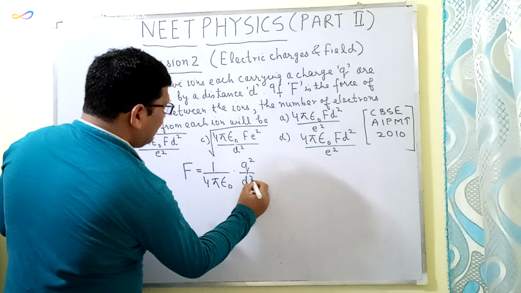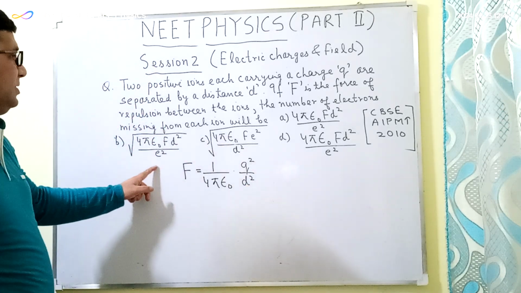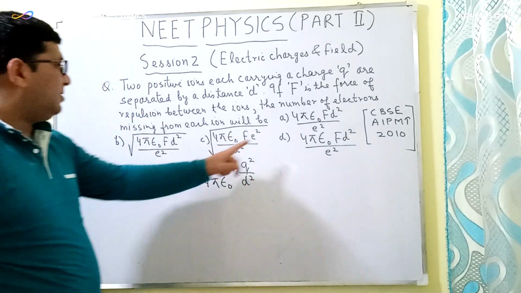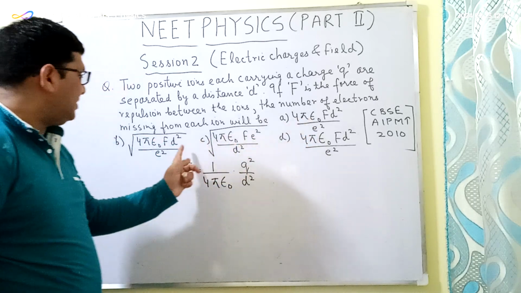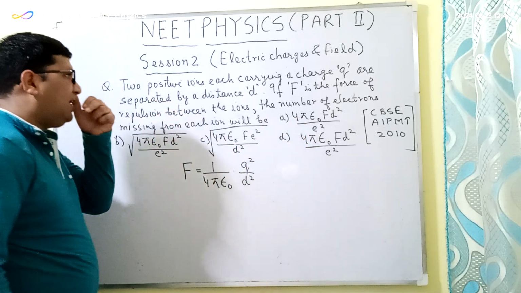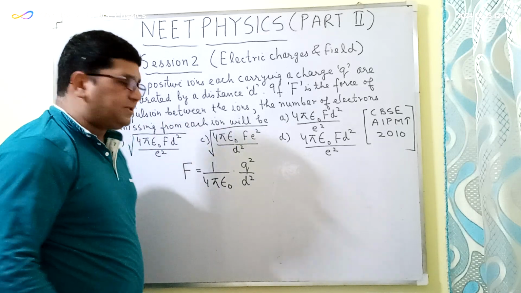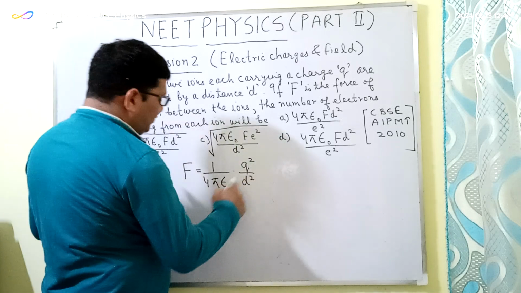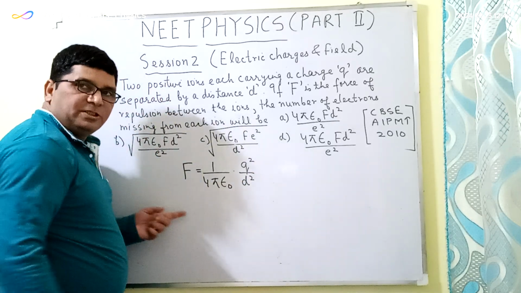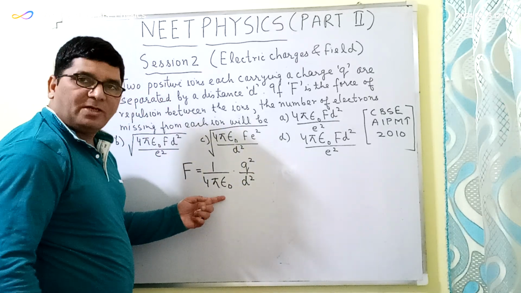Now here, in these four alternatives, you will find this epsilon naught. It means that these two positive ions are considered to be existing in free space, because this formula is valid only when the charges are present in vacuum or free space.